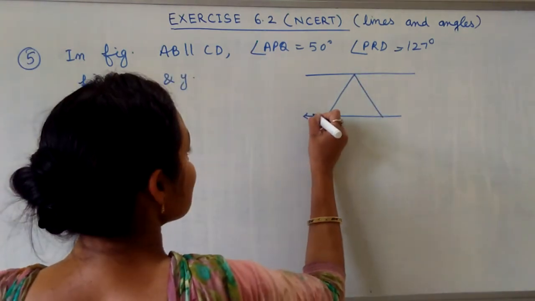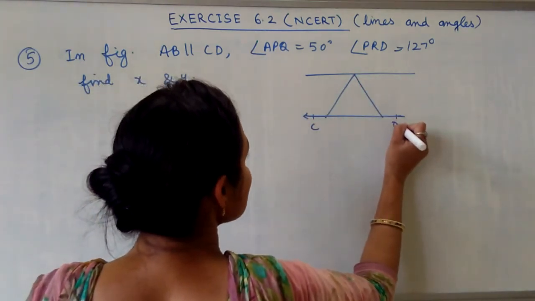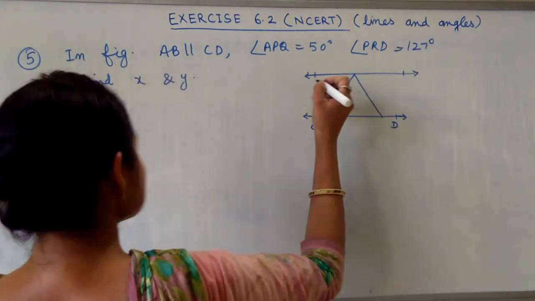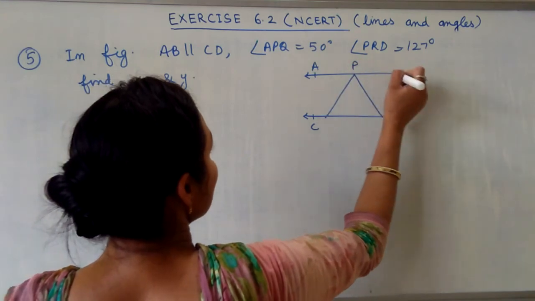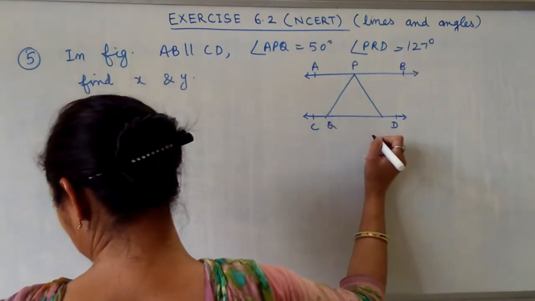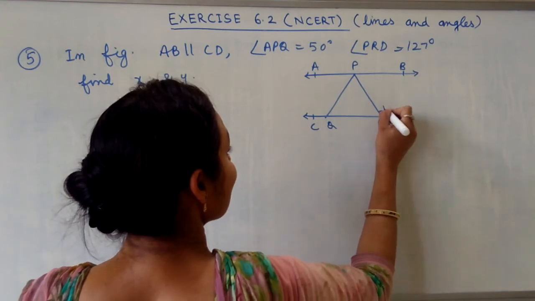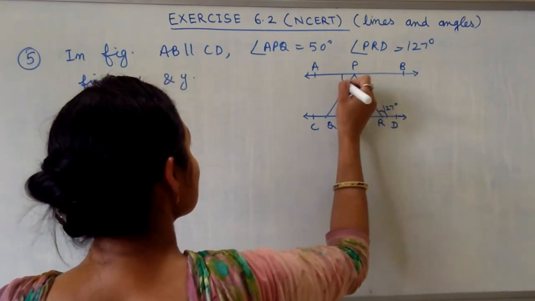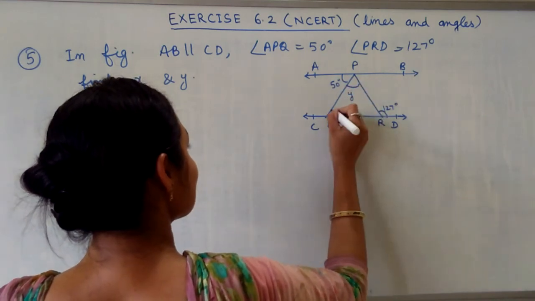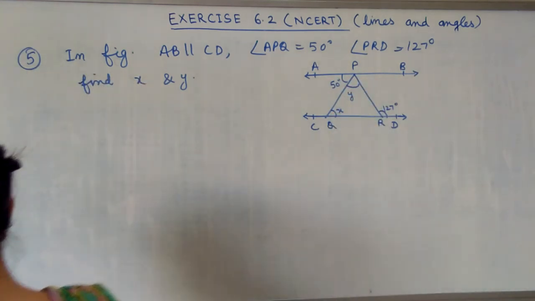This is C, this is D. This is A, P, B. This is C, Q and R. 127, this is 50 degrees and y. This is x. And you have to find the value of x and y.